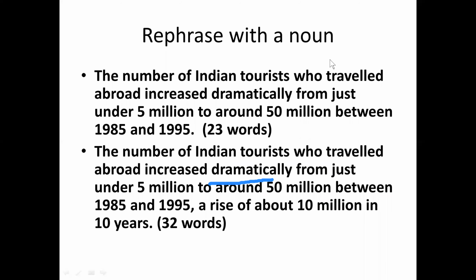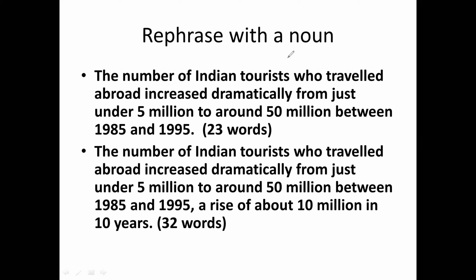We can also do a small rephrase. We can rephrase this with a noun. For example, the number of Indian tourists who traveled abroad increased dramatically from just under 5 million to around 50 million between 1985 and 1995. Now we can add a noun phrase.